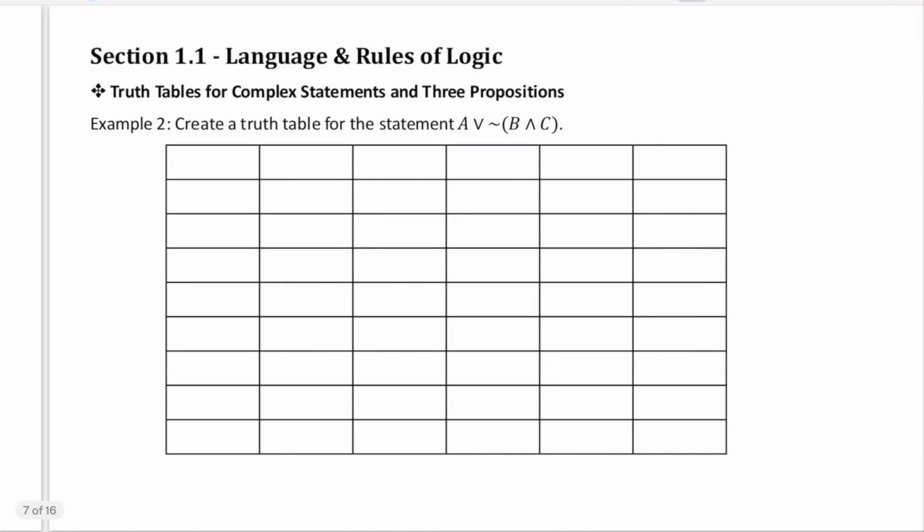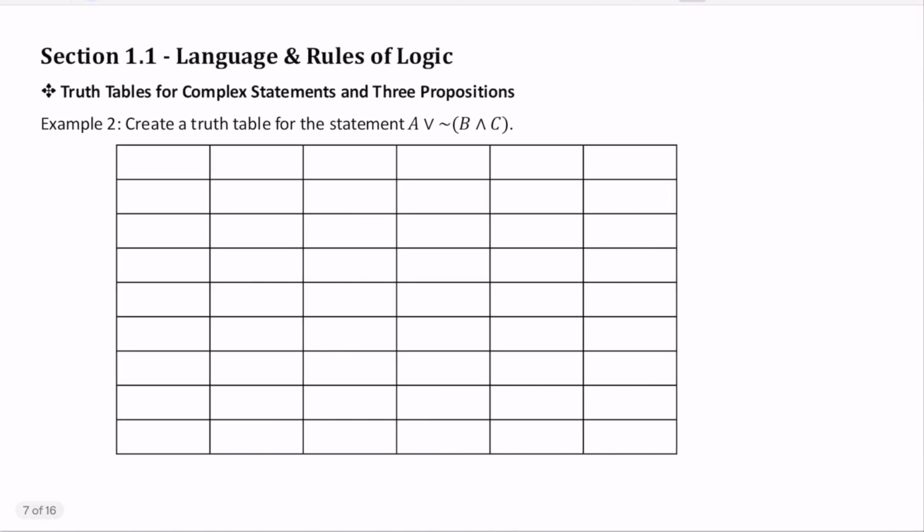For example 2, we will create a truth table for the statement A or not (B and C). There are 3 letters in this statement, so we will need 8 rows. We find this by taking 2 to the 3rd power. If we had 4 letters, we would do 2 to the 4th power.